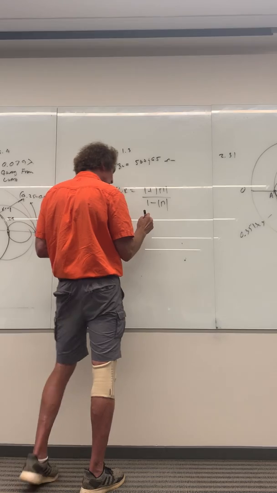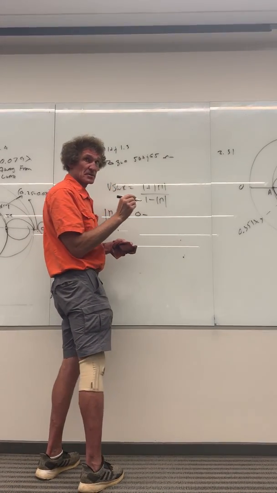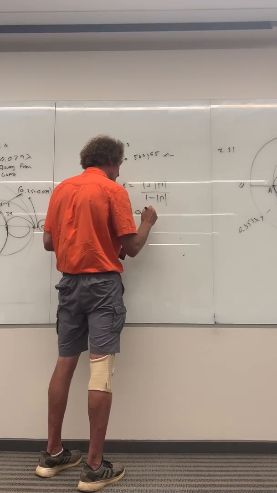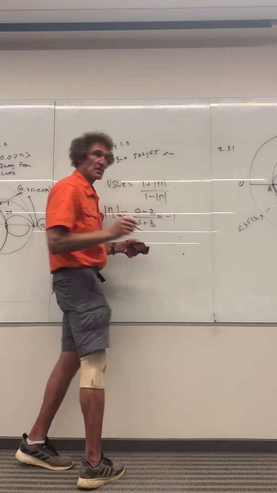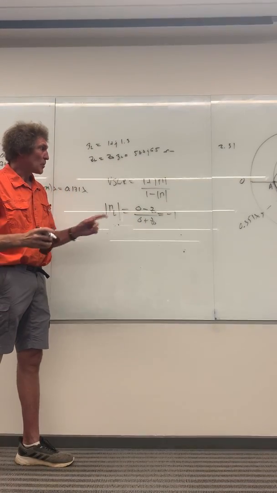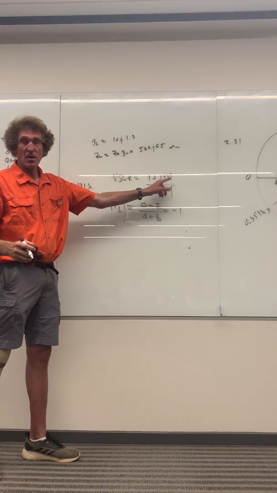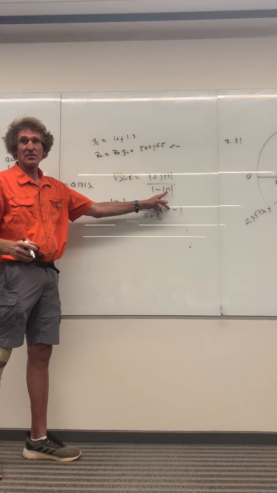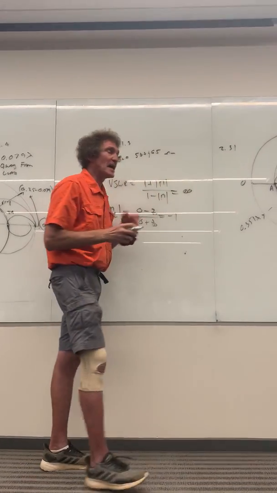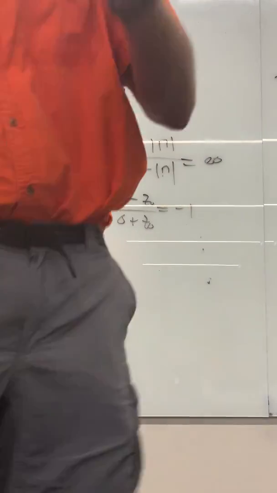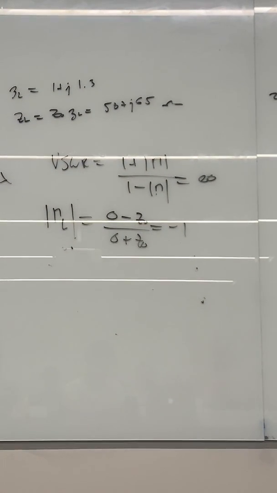It's ZL, which is 0, minus Z naught over 0 plus Z naught. That's minus 1, correct, class? What's 1 plus the magnitude of minus 1? It's 2, over 1 minus the magnitude of minus 1, which is 0, so this is infinite. So a short circuit has an infinite VSWR, and that should be something he's trying to indicate there. I can't tell for sure.